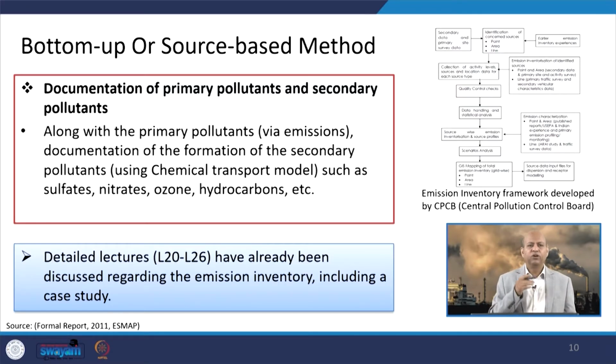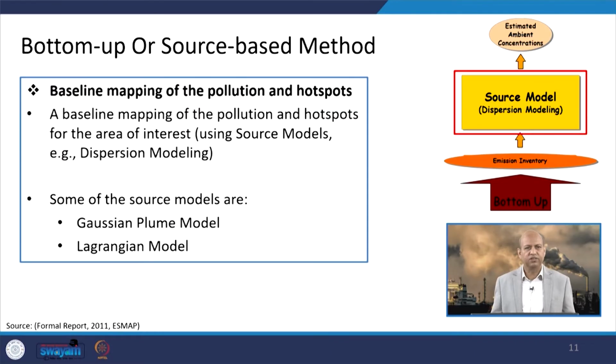And we have already discussed in lectures 20 to 26 these emission inventories which we develop, and different case studies on how to develop them. At the same time, the framework of the Central Pollution Control Board for development of the emission inventory is very important. It has been given step by step as a flow chart, so it is very easy to follow, right.